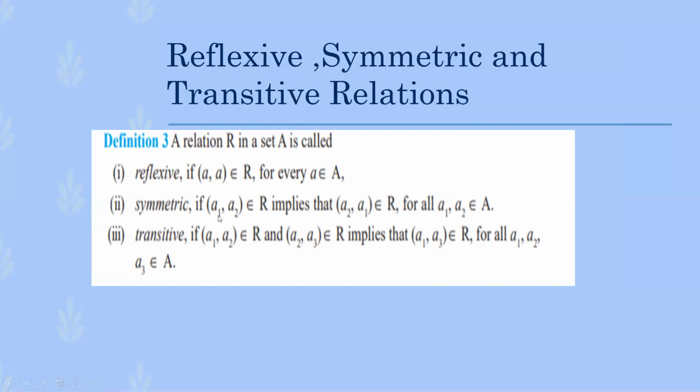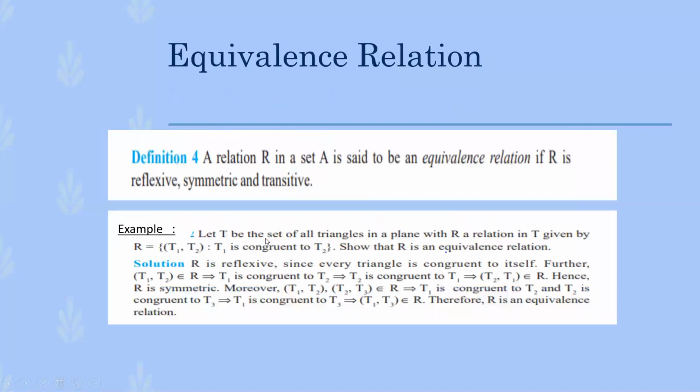Symmetric is only one pair (a1, a2), then (a2, a1). Transitive has three elements: (a1, a2), (a2, a3). If they belong to the relation, then (a1, a3) also belongs to that relation.